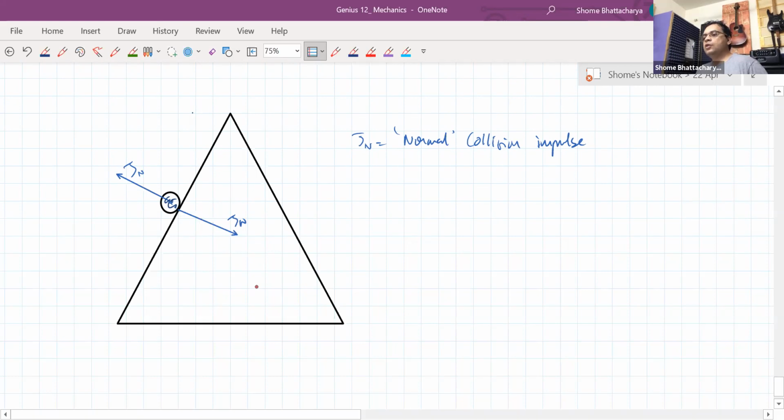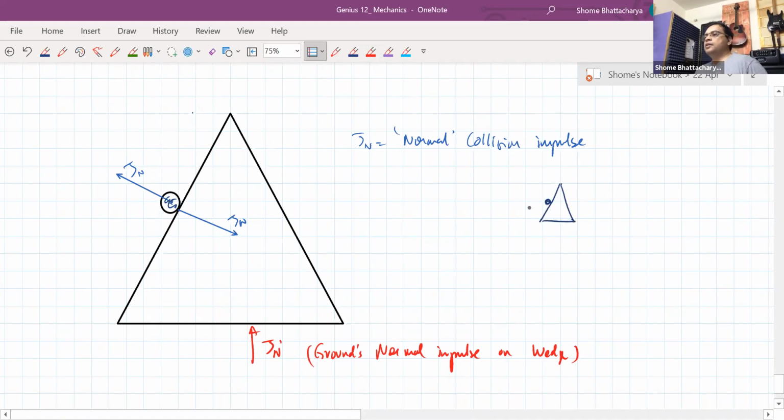So the ground doesn't allow this one to move. So the ground applies another normal impulse on the wedge. Now I'm just drawing a miniature diagram here.